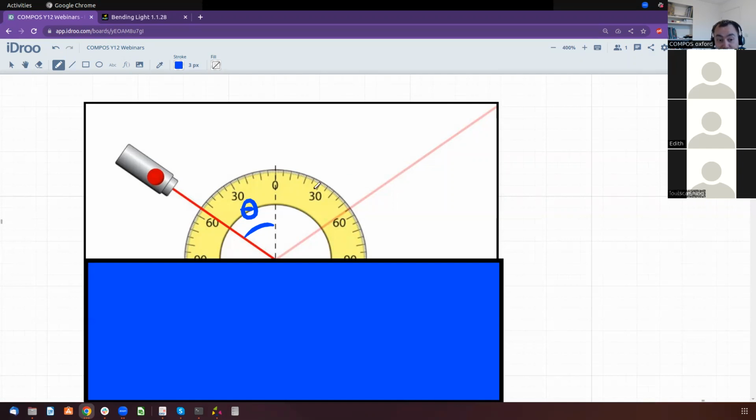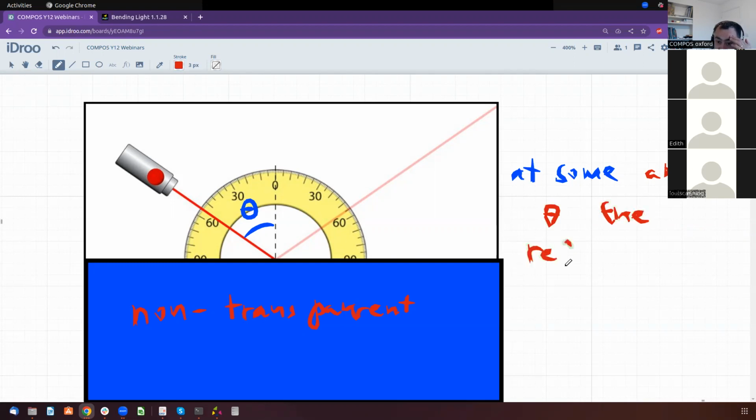So at some angle theta, the reflected light is polarized, and this angle is known as the Brewster angle.